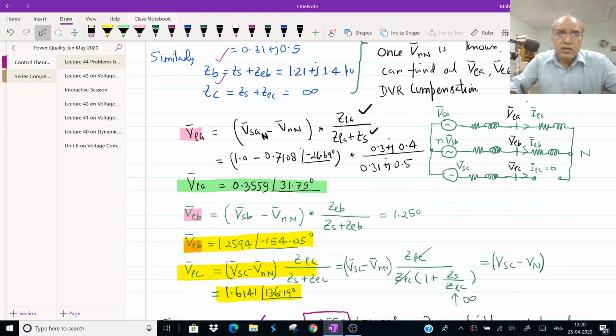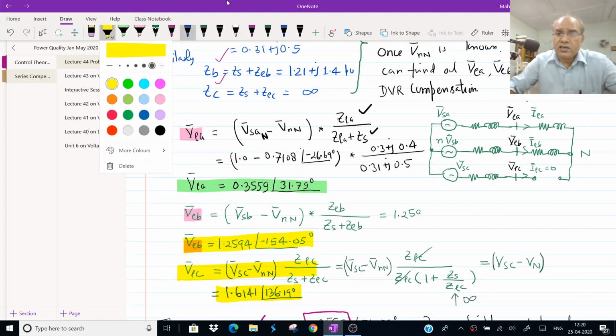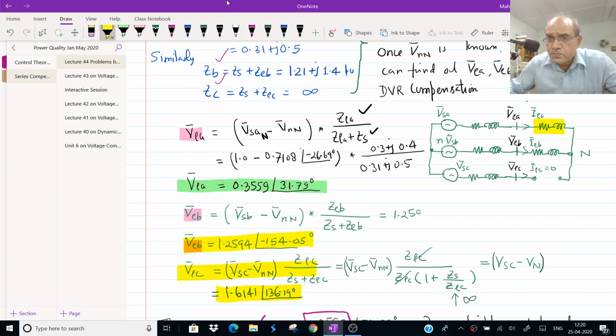So what actually has to be there is this, that this load impedance, this is ZLA, am I correct? ZLA must experience the voltage of 1.0 per unit. It means BLA with respect to N, that basically means BLAN must be equal to 1.0 per unit.